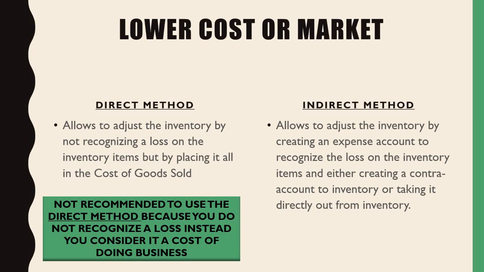Now, both of these are correct, but if you really think about it, in reality, it's probably not the best way to do things, okay? The direct method allows you to adjust the inventory directly by taking it out through cost of goods sold. Okay?